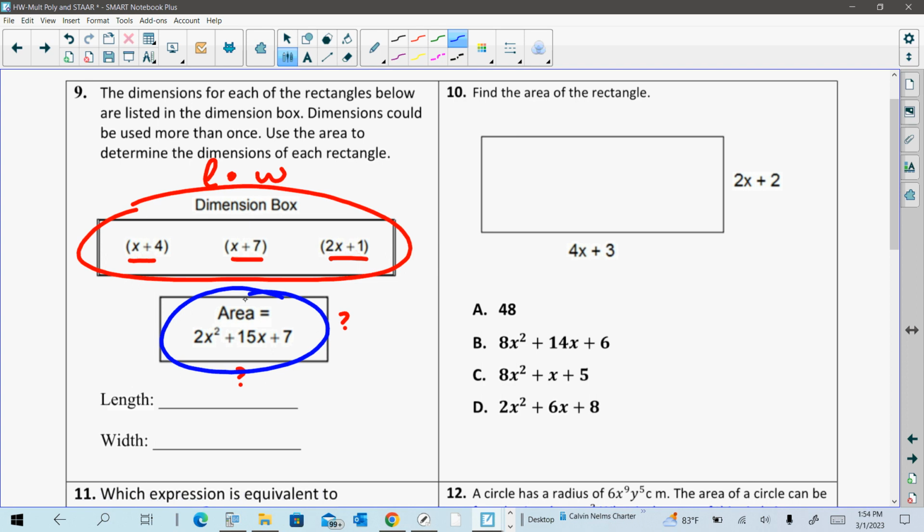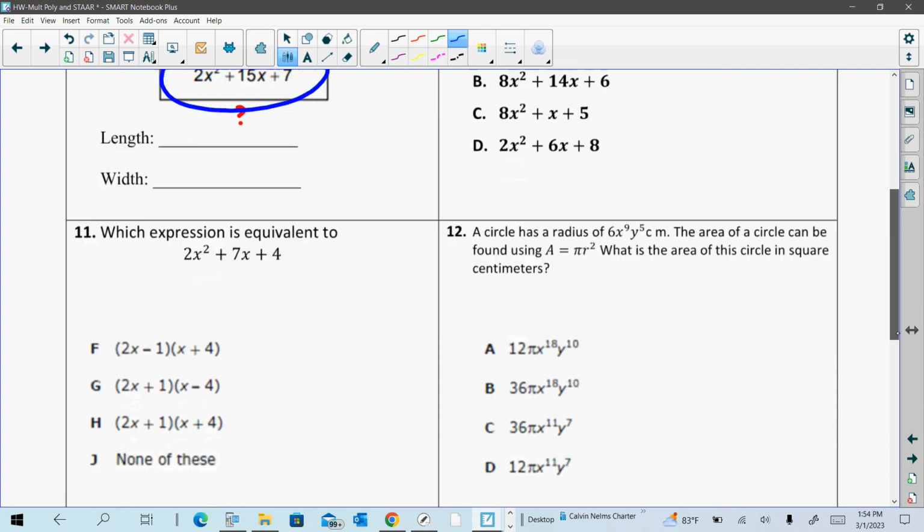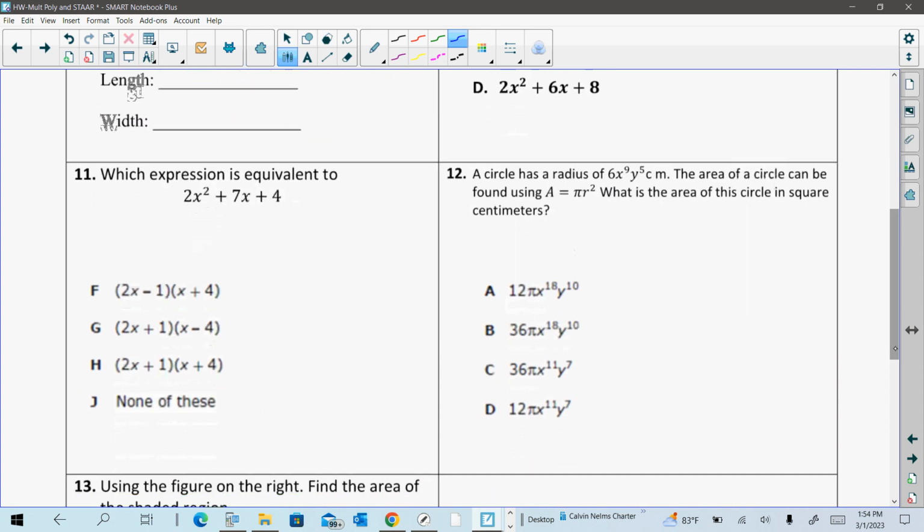All right. Again, another area problem on 10. And then on 11, which expression is equivalent? Meaning if you do your FOIL here, would it end up giving us our expression?